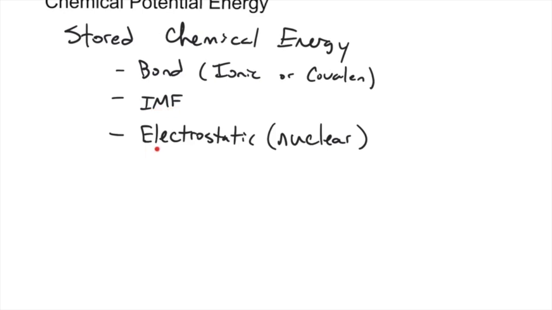And finally, the last one is electrostatic, and that is like the positive-negative attraction between the nucleus and the electrons, or even the protons and the neutrons in the nucleus. That's the stored nuclear energy, and obviously we can talk about that at a later date and time as well, but we're mostly going to be talking about it in the form of bonds of chemical reactions.